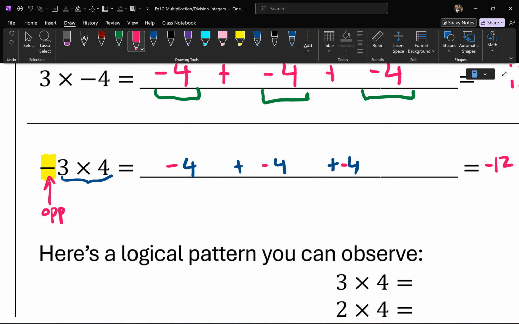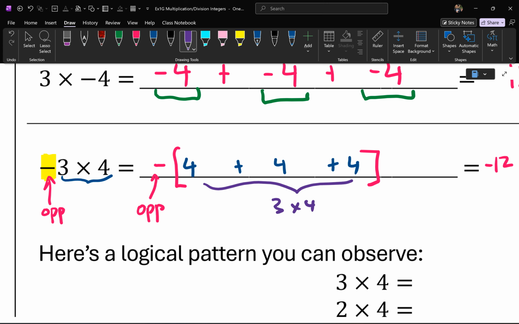Makes sense. It's $12. Or another way of visualizing it: that negative at the front just means the opposite of whatever 3 times 4 is. 3 times 4, you would have had $12, but I'm going to have the opposite of that. So that now makes it owing $12.